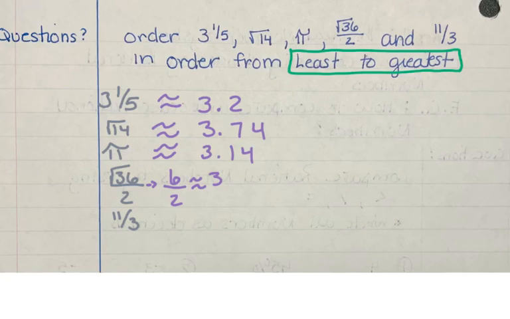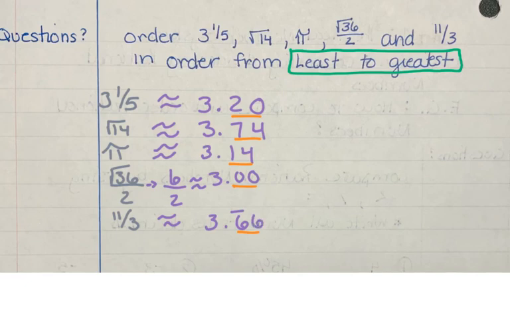And then 11/3 will convert to 3 and 6 repeating. So now I need to make sure they all have the same number of digits. So I need to add those in. So I'm going to add a 0 here. I'm going to add 2 zeros, and then this was a repeating 6, so I need to add a 6.